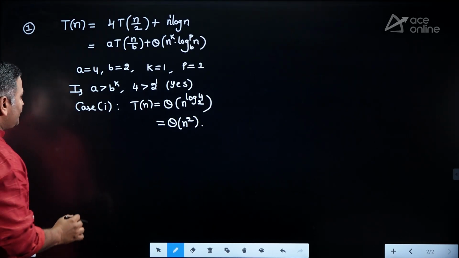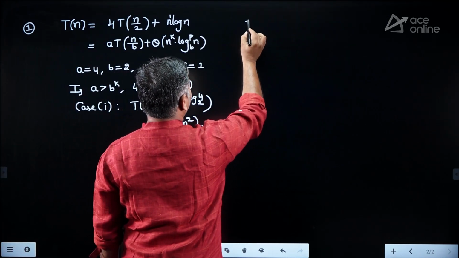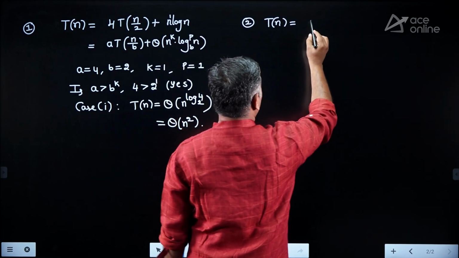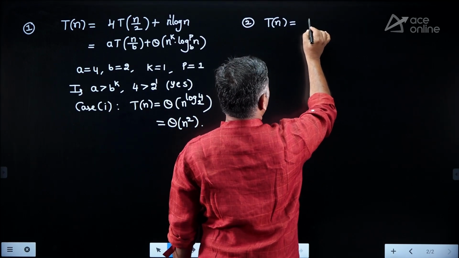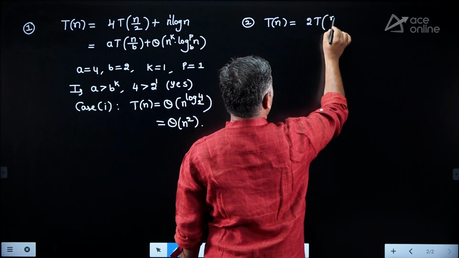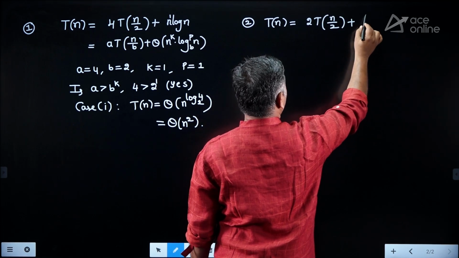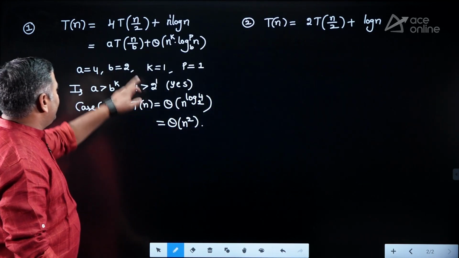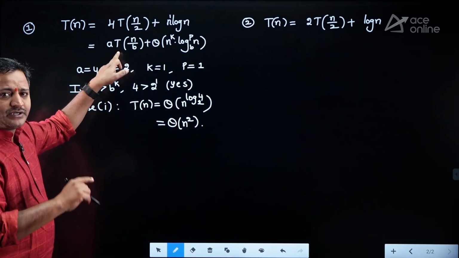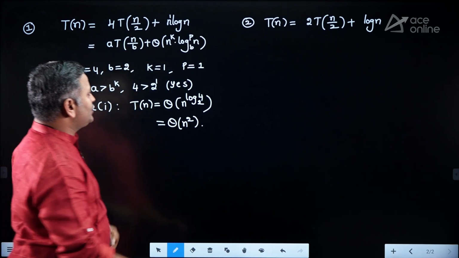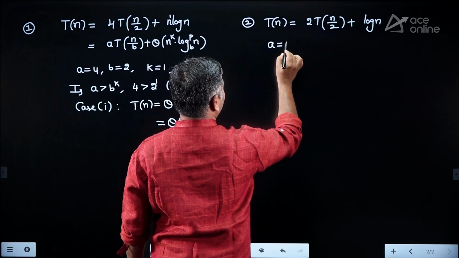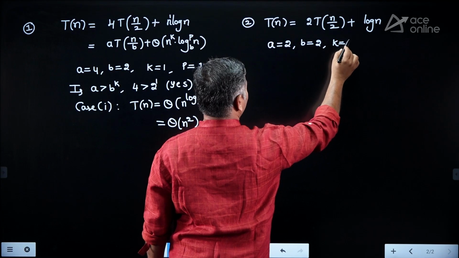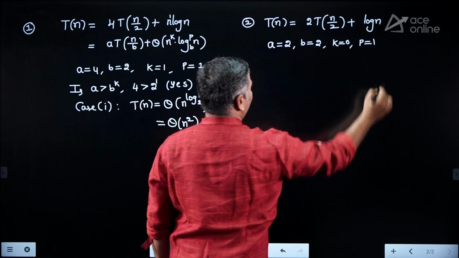Next, question number 2. Suppose t of n is equal to 2 into t of n by 2 plus log n. Again compare with the master theorem and get the constant values a, b, k. A value equals 2, b value equals 2, k equals 0 and p equals 1.